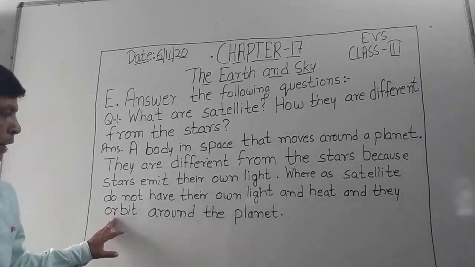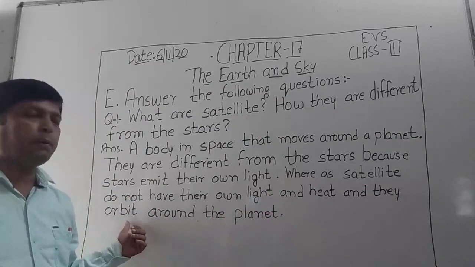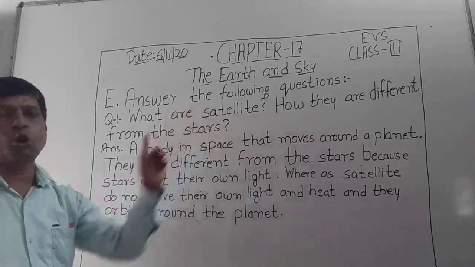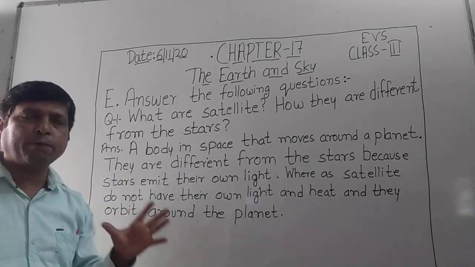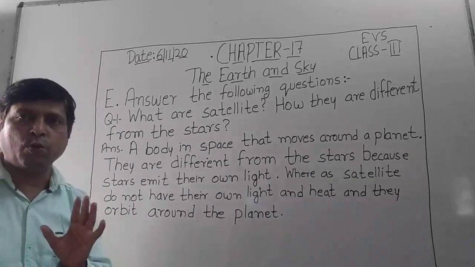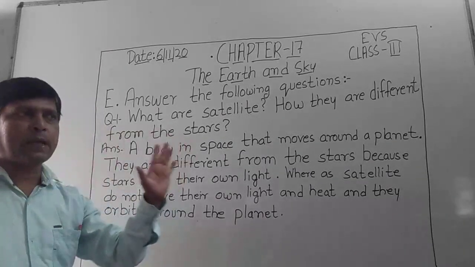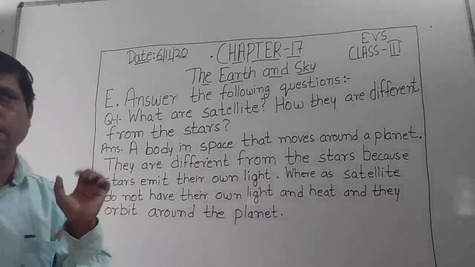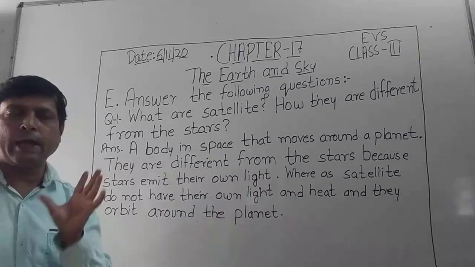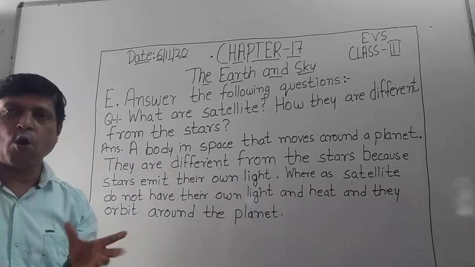Another point I have already discussed with you: satellites orbit. An orbit is a fixed path. When I explained the chapter, I explained that all the planets move around the sun in a fixed path, and this path is known as orbit.